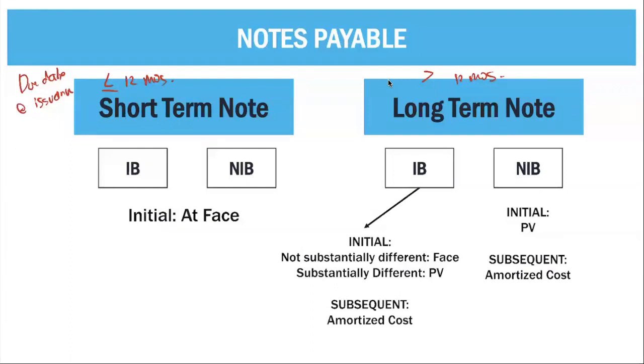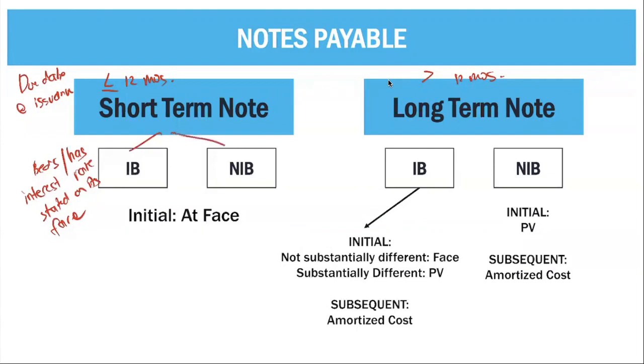If the note has an interest rate stated on its face. Okay? So if there is an interest rate stated on the face of the note, it is considered interest-bearing. But if there is no stated rate on the face of the note, it is considered non-interest-bearing.